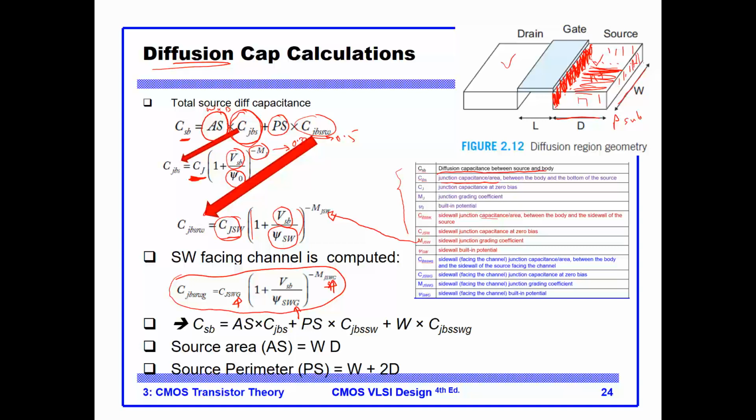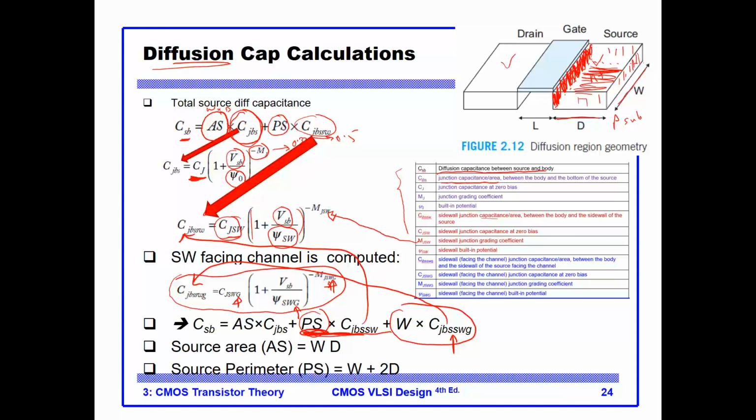So the perimeter will be modified to 2D plus W. The W that faces the channel, we multiply with this special coefficient, while for this perimeter we use this coefficient here, and the perimeter here will be W plus 2D.